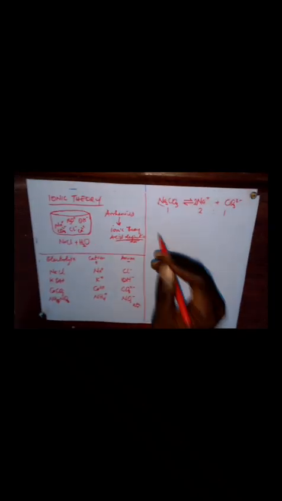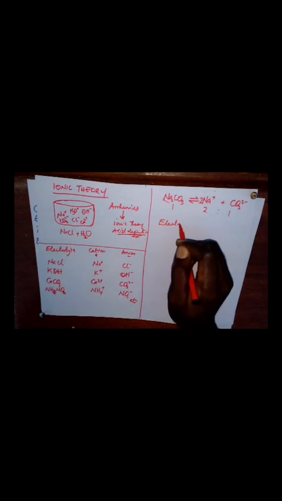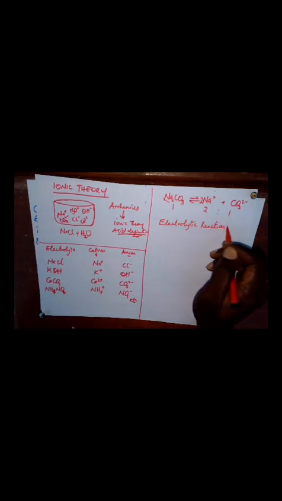Electrolytic reactions. Reactions in electrolysis are divided into 2 half reactions. They are called half cell reactions, coming from redox.